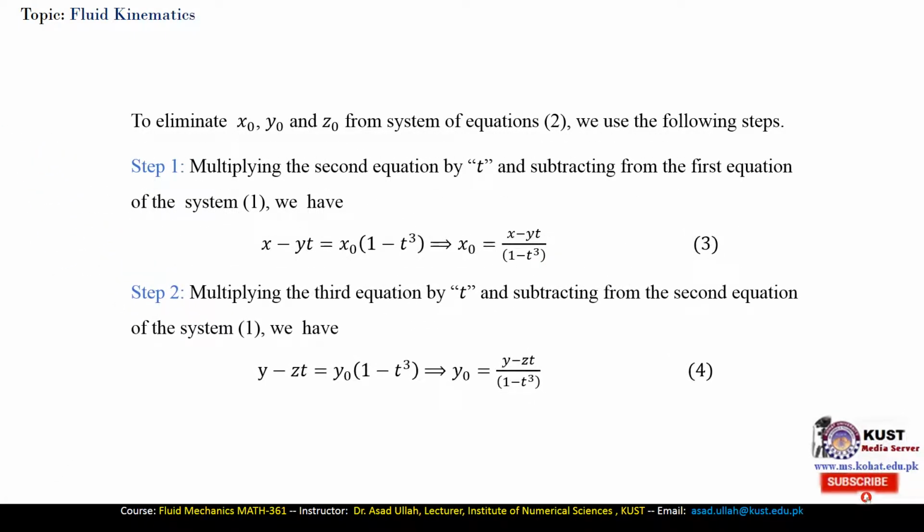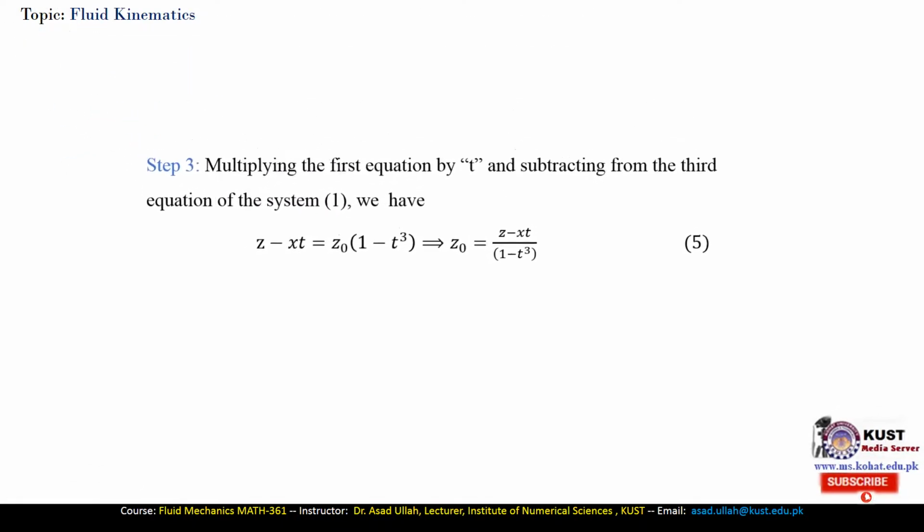In step 2, similarly, multiplying the third equation by the time t and subtracting from the second equation of the system 1, after simplification, we get the result in equation number 4. Here y naught is equal to y minus zt divided by 1 minus t cube.